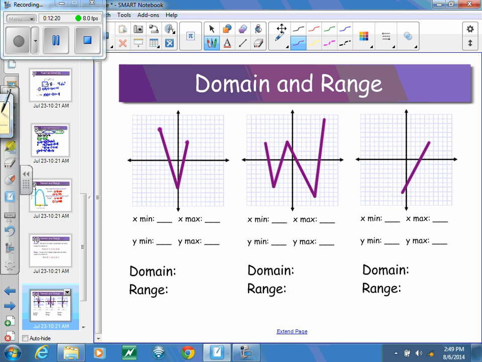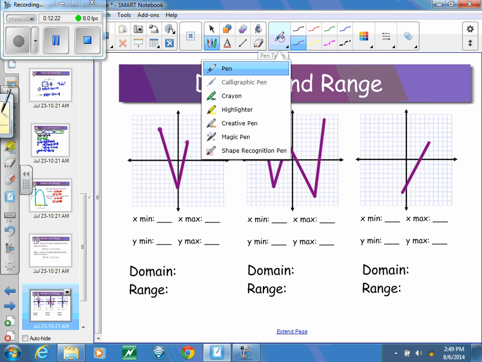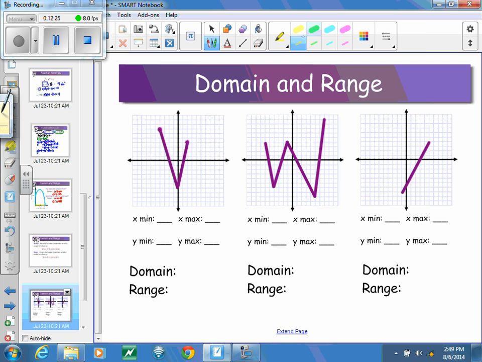Now when I'm looking at the domain, I need to look at what is the largest x value that's possible and what's the smallest. As far as the smallest value goes, the furthest to the left that my graph goes here is at 1, 2, 3, 4, is at -4. So it does not go any further than that. And the largest value that x goes to is +2.